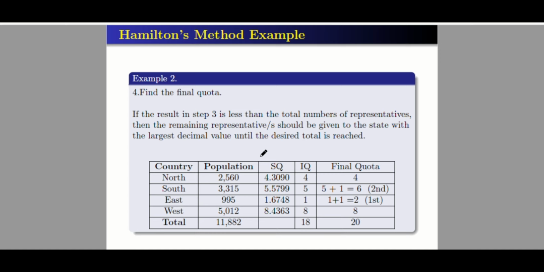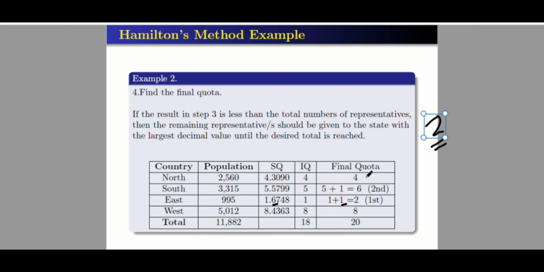One at a time, who is the highest? We have 6. So the first one out of the 2 remaining seats must be distributed to east, because it has the largest decimal place.